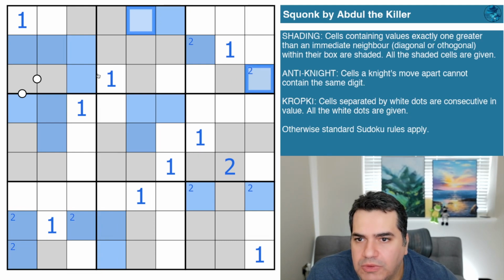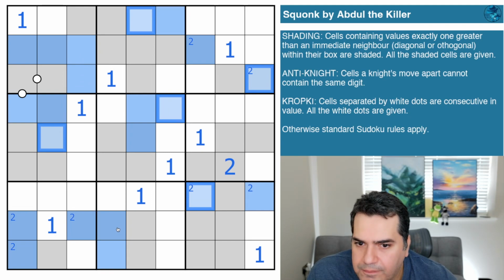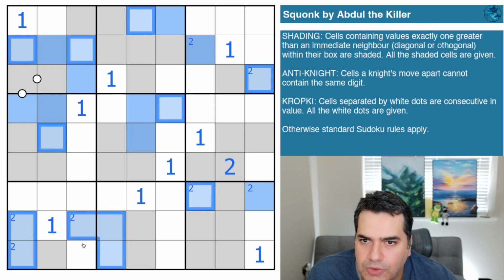So we'll be forced into sort of this pattern, which, as you can see, is not at all problematic.